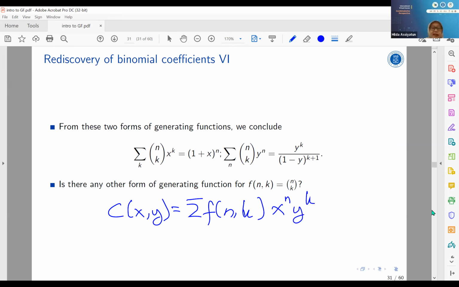And here we don't have to worry about the range of this because we have extended the recurrence formula to all integers. You should try this. Let's see how we end up with this, what kind of generating function we will have.